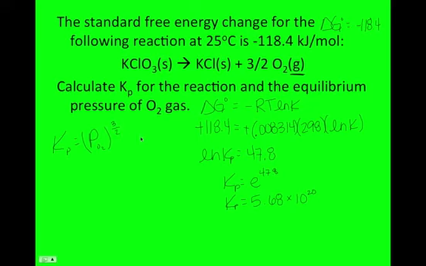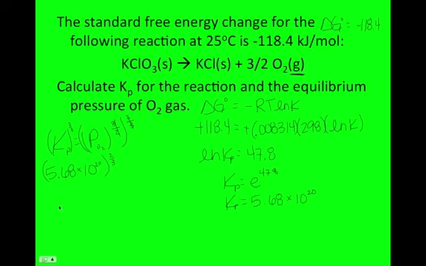So we know that Kp is equal to 5.68 times 10 to the 20th. Well, the inverse of something raised to the 3/2 power is something raised to the 2/3 power. So we're going to do the same thing to both sides, raise this to the 2/3 power. And these guys cancel out, and so we need to take this number and raise it to the 2/3 power, which these numbers are just getting really crazy looking.